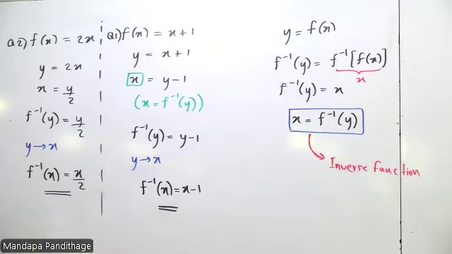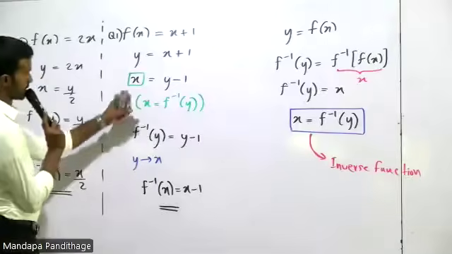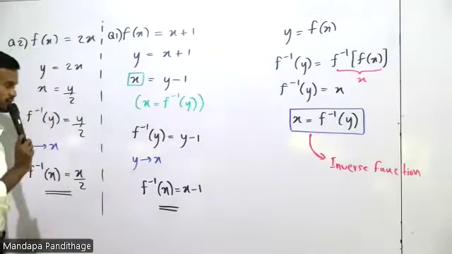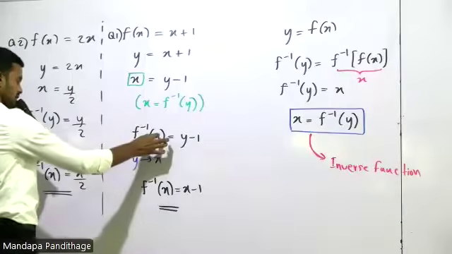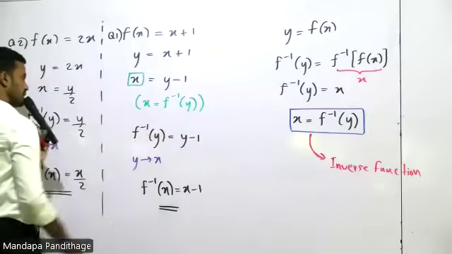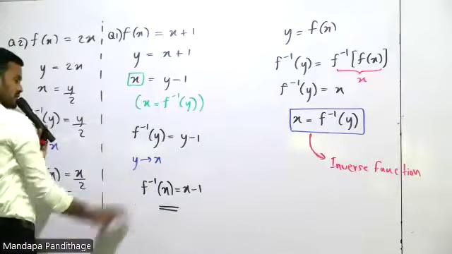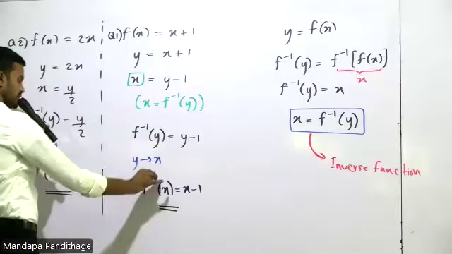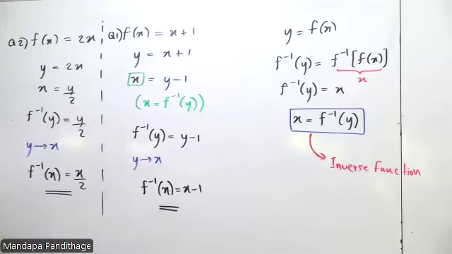First you subject x, then you get f inverse y, then the final step is just a change in the variable. You change the variable y to x, because normally the inverse of f(x) is f inverse x, not f inverse y.